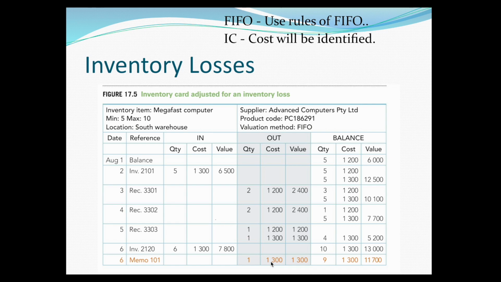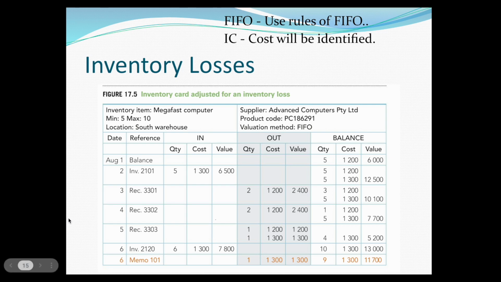Now, what's the balance of this type of inventory? There were 10 left, right? So a balance of 10. Now there's one less. So 10 minus 1, 9. There's 9 left. So 9 times 1,300, 11,700.